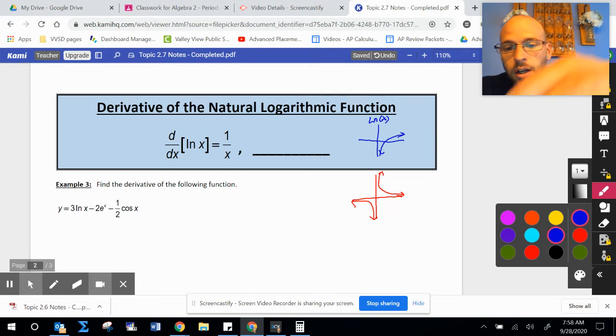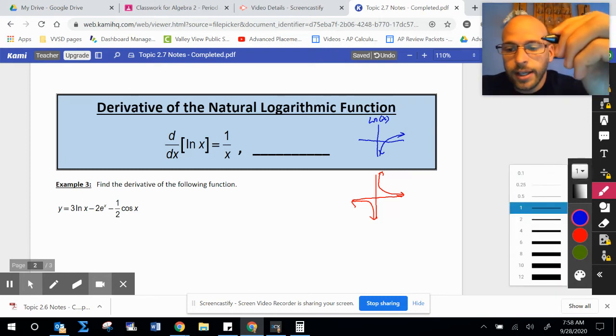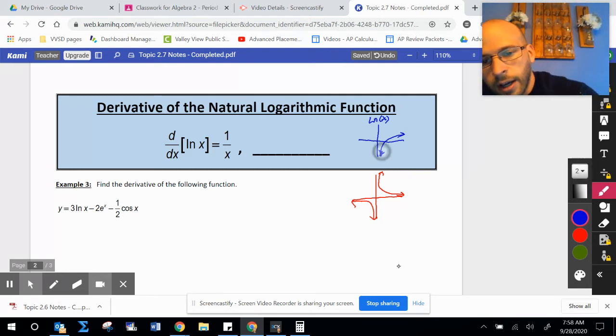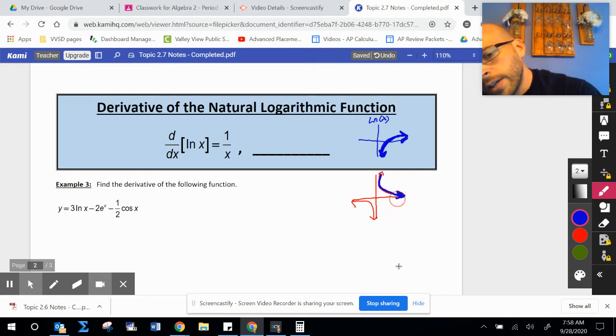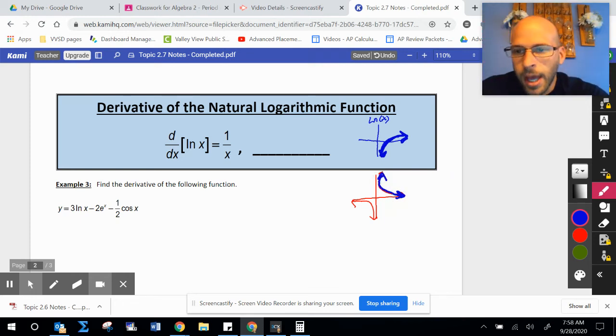So if you take a look, I'm going to bold it. This section of my graph is only when x is greater than 0. So the only section of the derivative that I want to do is in the same x values. This part of my graph doesn't make any sense. I can't have outputs for the derivative if my graph was never there to begin with.